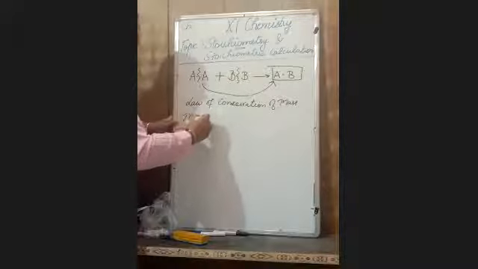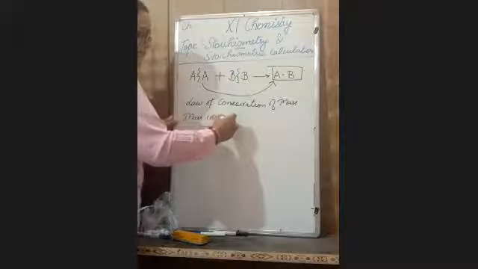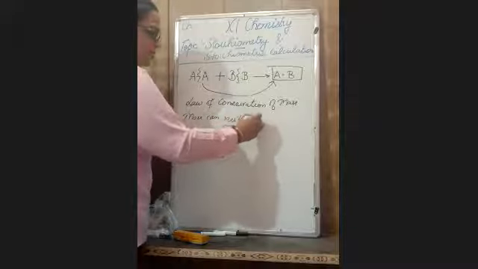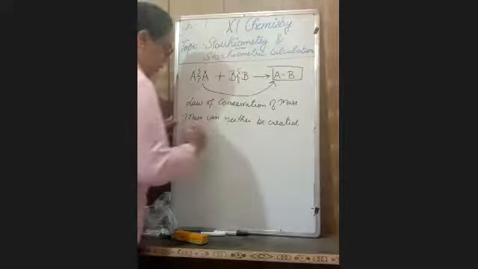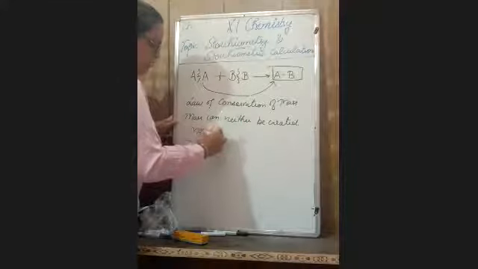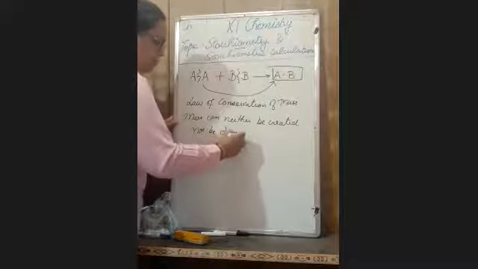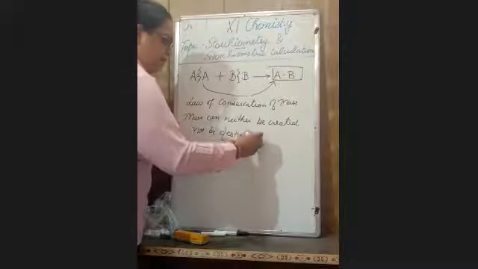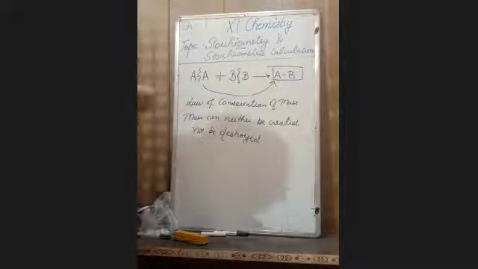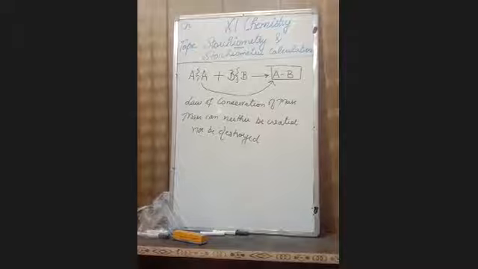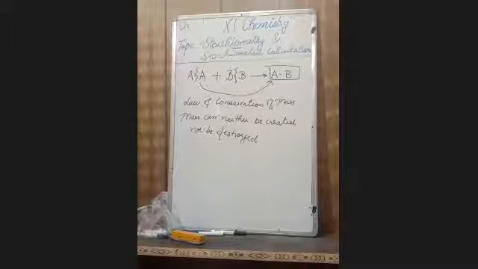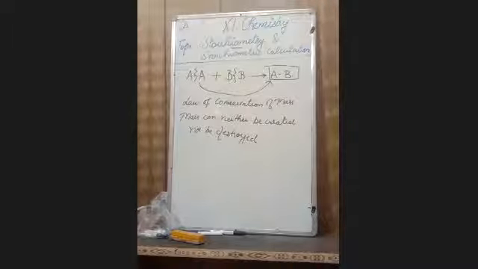Mass can neither be created nor be destroyed. You know this? Mass can neither be created nor be destroyed during a chemical reaction, or I should say the mass of reactant is equal to the mass of product.